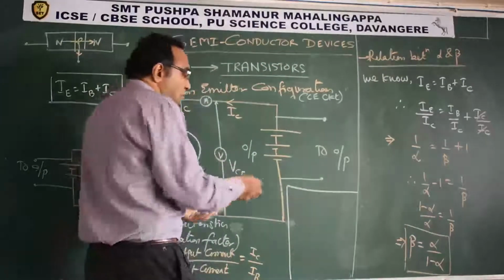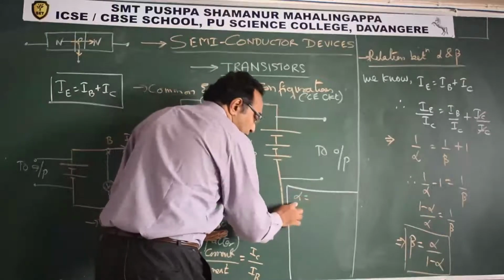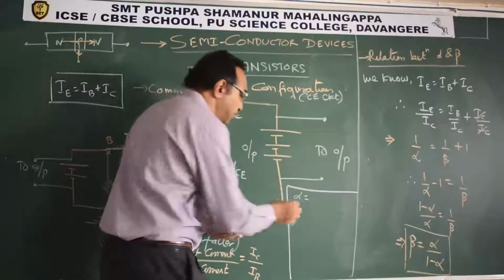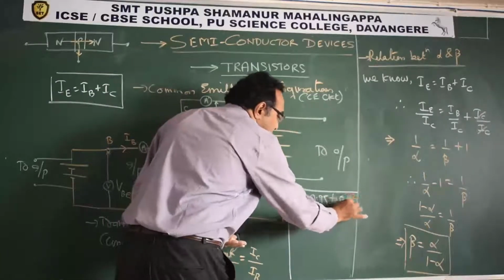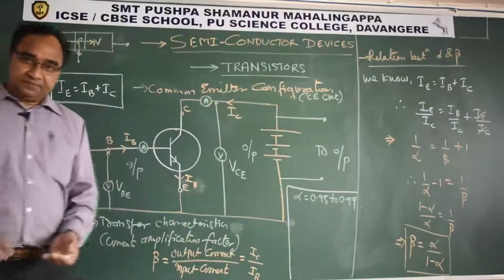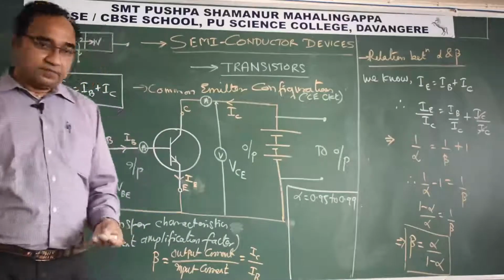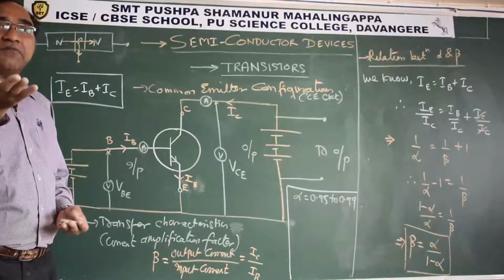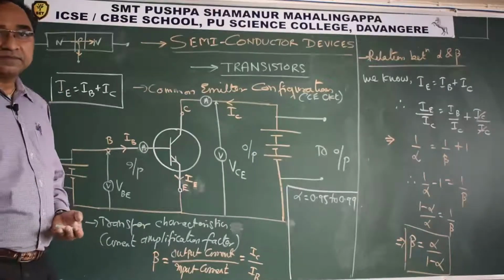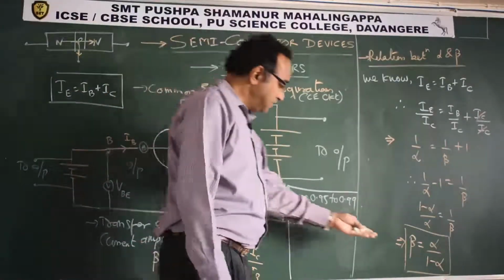So what I say completely, now we can have alpha equal to 0.95 to 0.99. Correct? Now take alpha as 0.95 and tell me what beta you are getting. You have a relationship here, na?